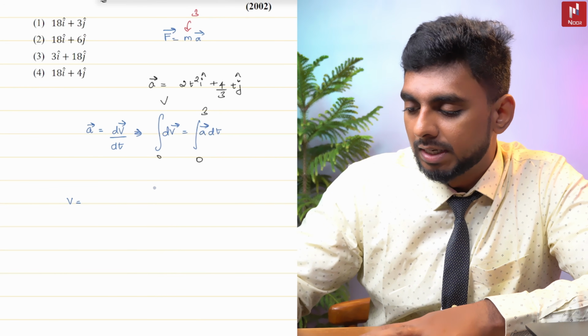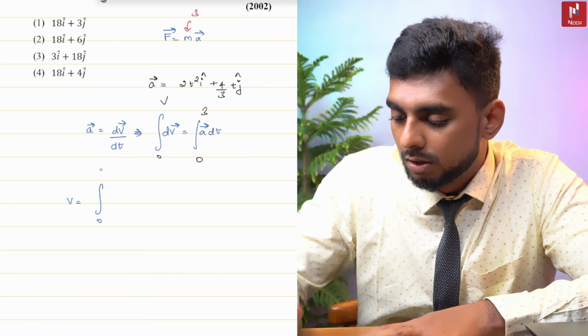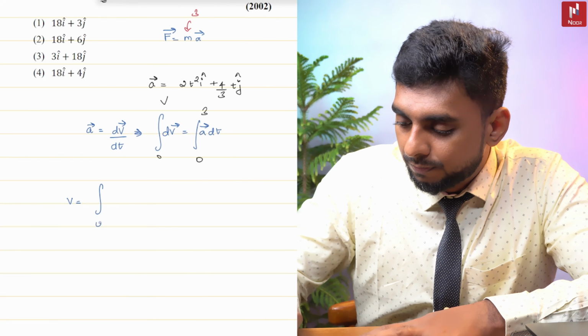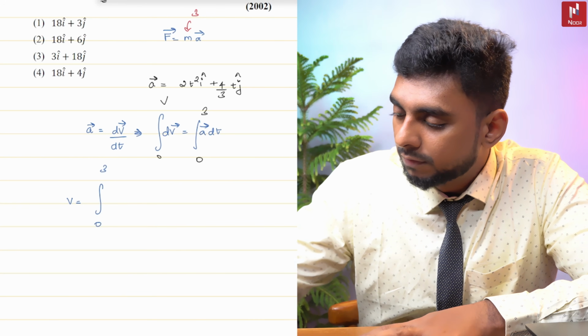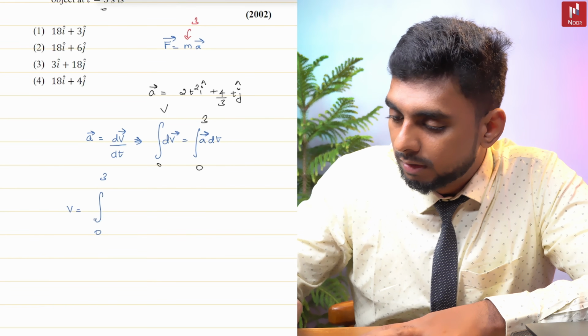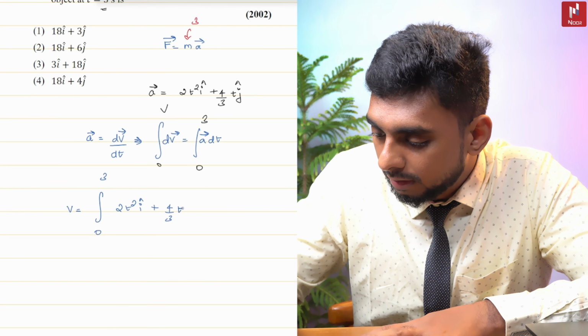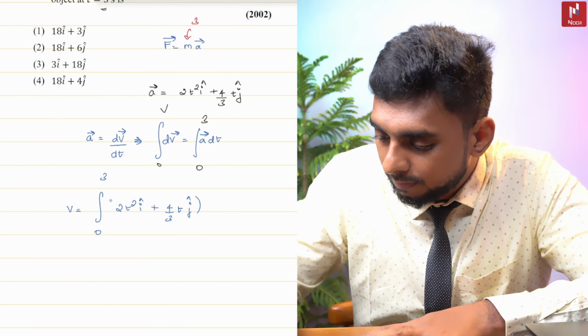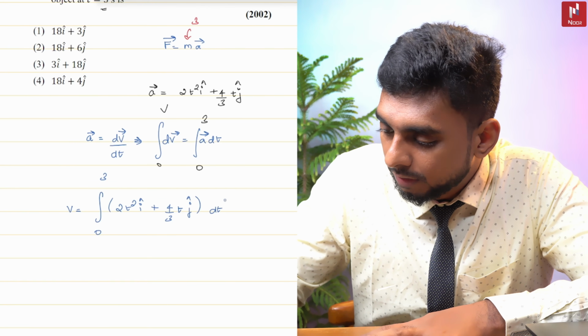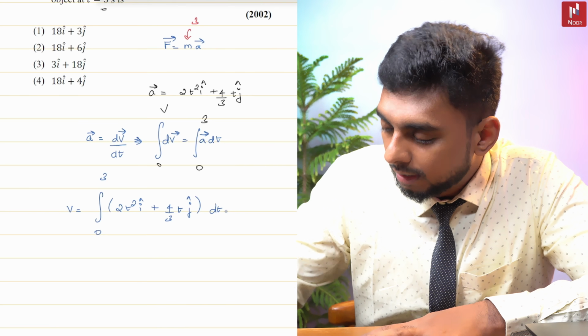So do the integration, you'll end up getting the answer. 0 to 3, and then for the vector a you will have 2t² i cap plus 4 by 3 t j cap, and then you have dt. Okay, let me do the integration, you'll get the answer.